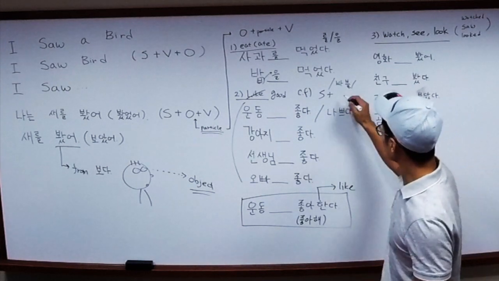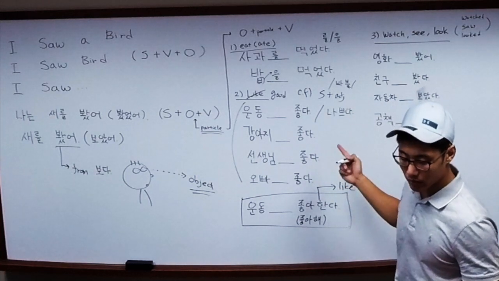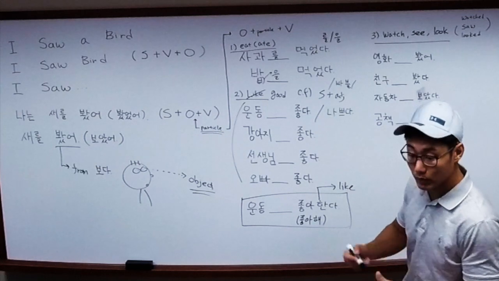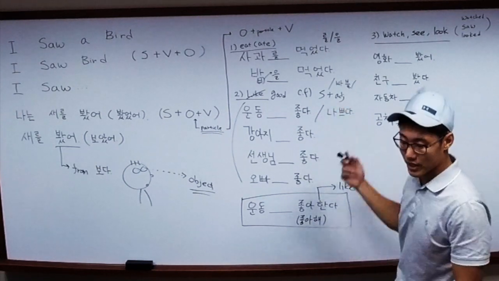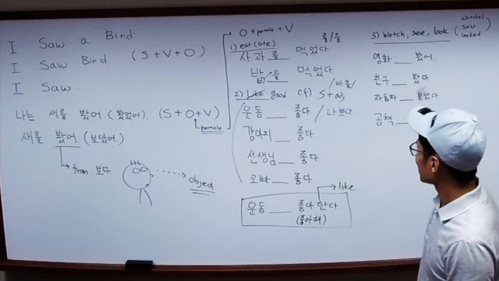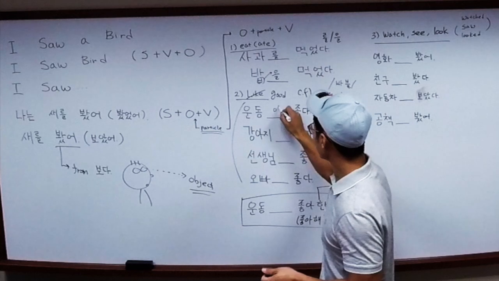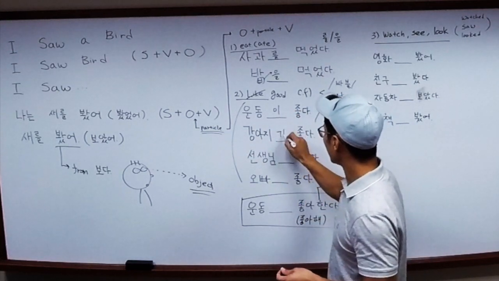So this could be subject plus adjective, which is not a proper grammar format in English, because you have to put a be verb there too. But in Korean, you can do subject and adjective here. So in this case, if there's 받침, we put 이. And if there's no 받침, we put 가. That's it.